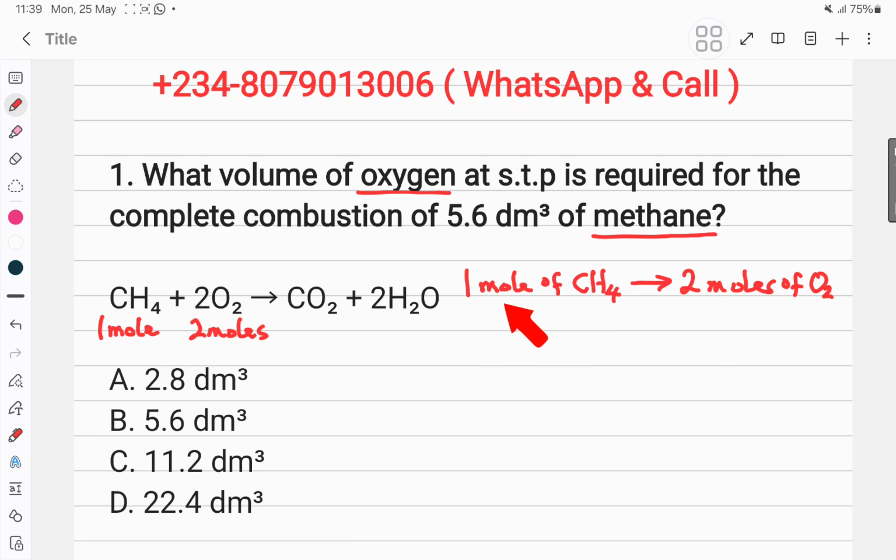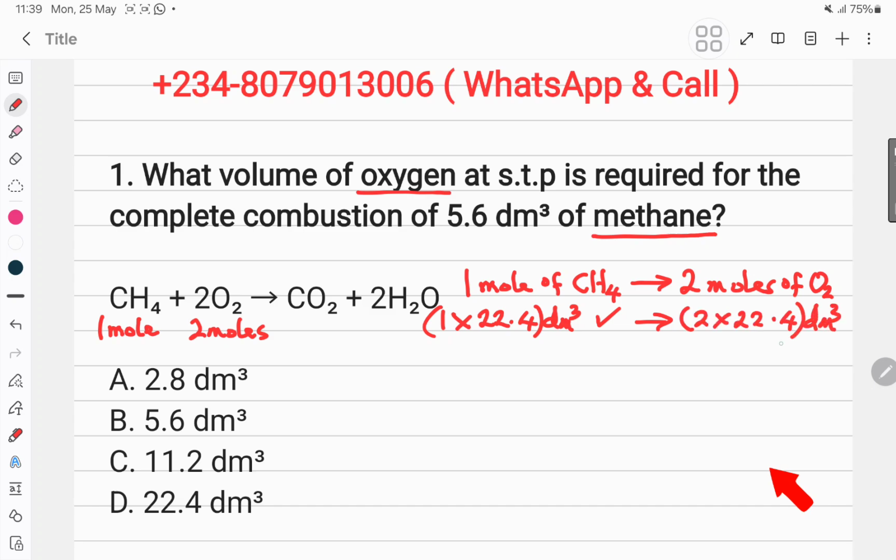We convert to volume since we are determining the volume of one gas required by the volume of the other gas. So if you want to convert using volume to volume, you multiply the 1 by 22.4 dm cube at STP of methane, and this will be 2 times 22.4 dm cube of oxygen.